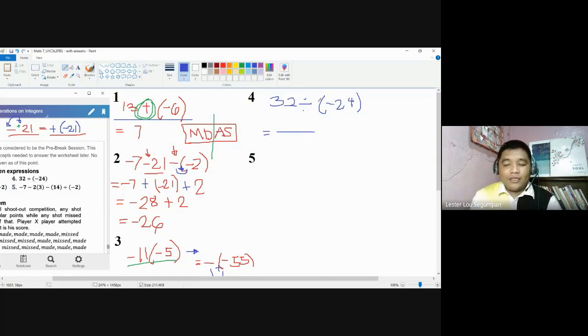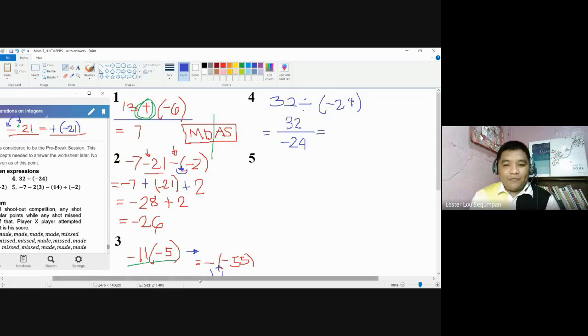Again, the obelus symbol becomes vinculum, and the first term or the dividend becomes your numerator, while your second term or your divisor becomes your denominator. This is now the equivalent fraction form for the result of number 4. However, we can still improve this and simplify this further.